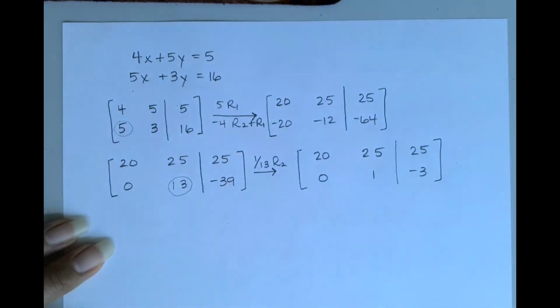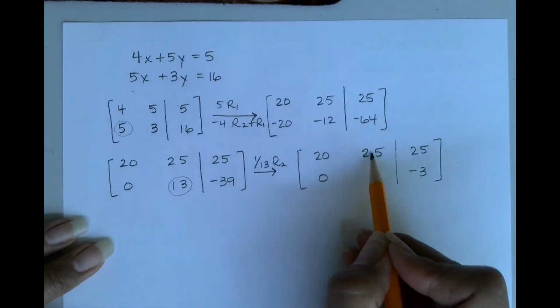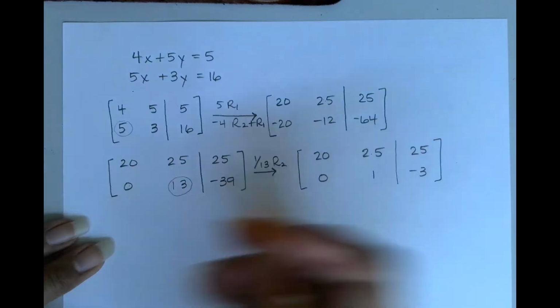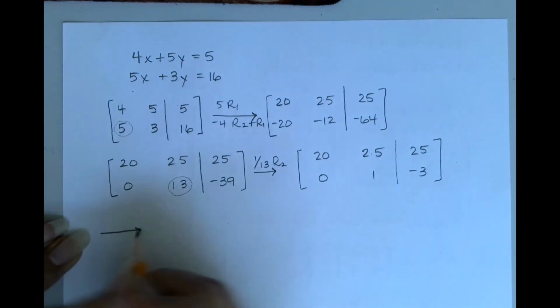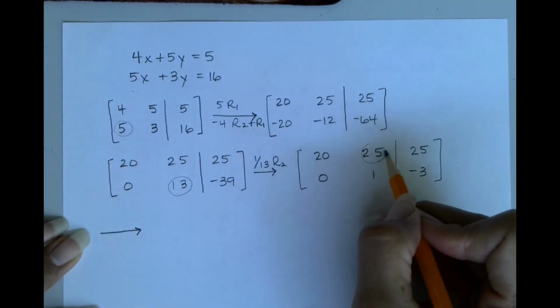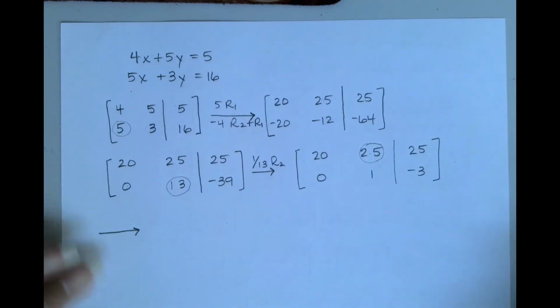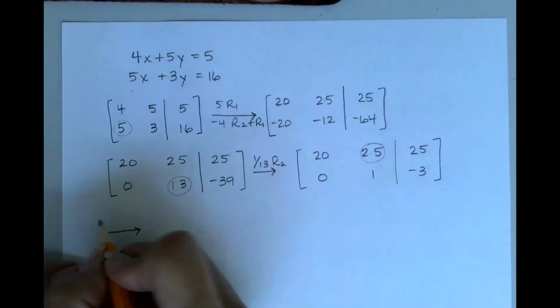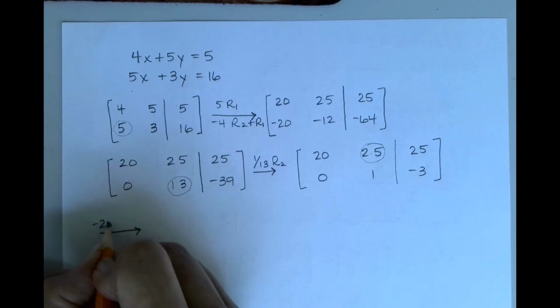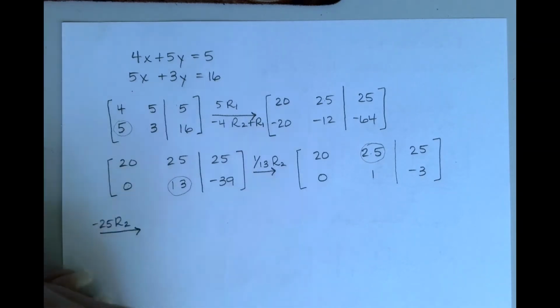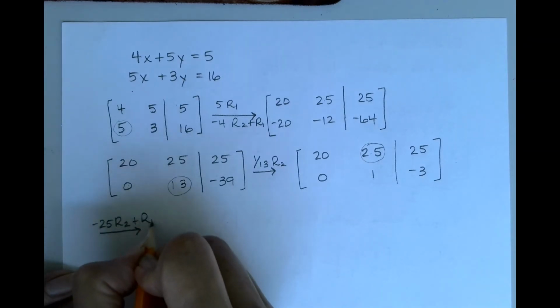Okay. Now I am going to work on this side. I'm trying to get this one to become a 0. And what do I need to do? Well, I'm going to multiply row 2 by -25, and then I'm going to add it to row 1.